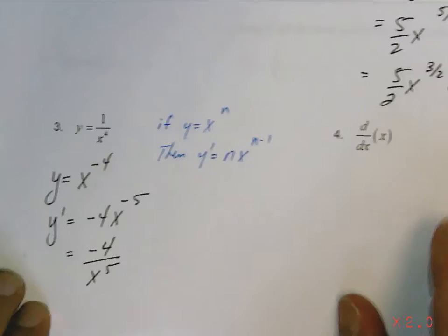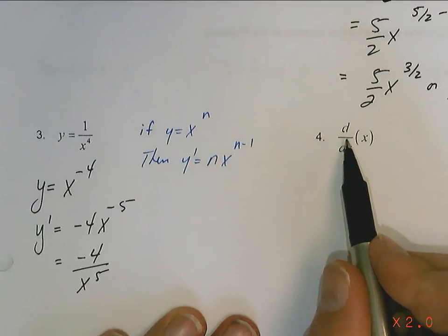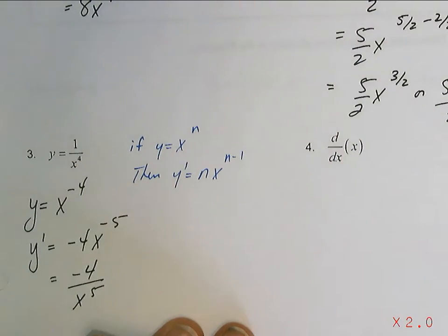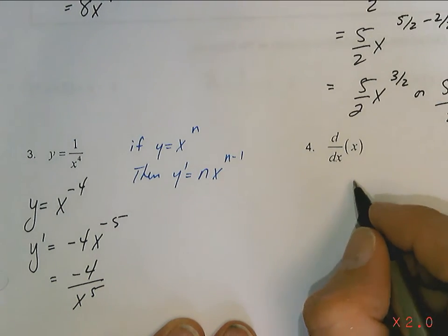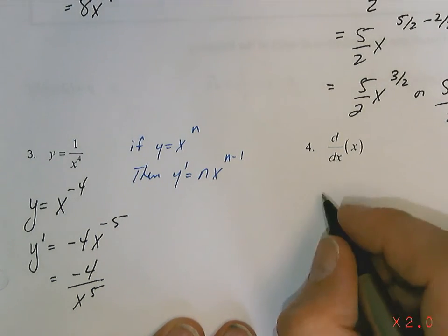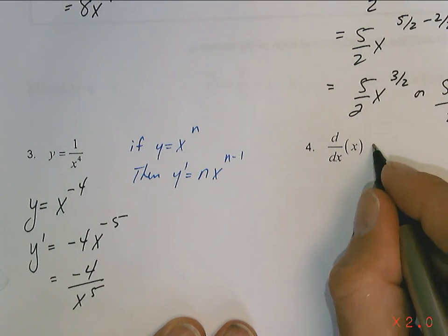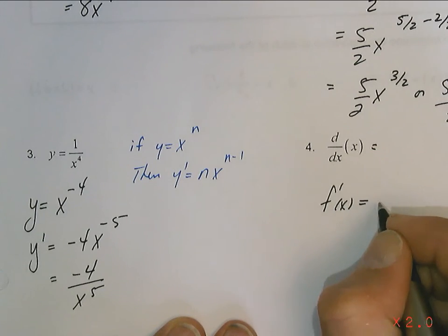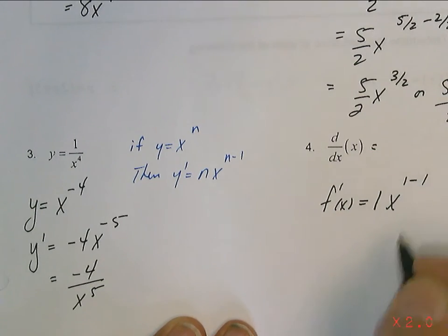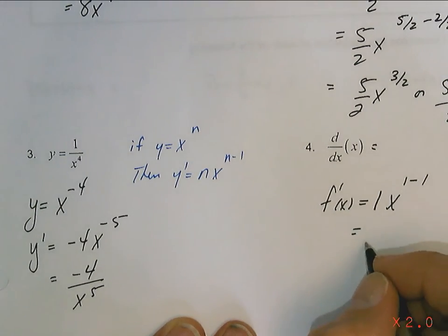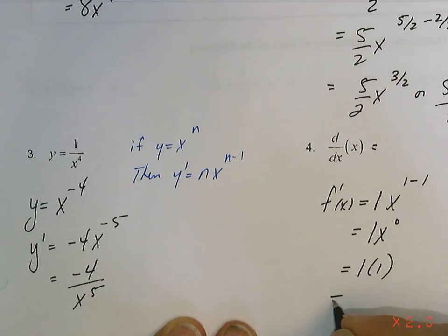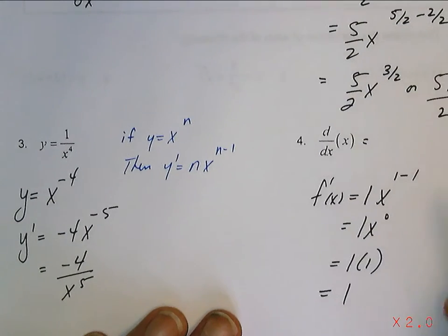Okie dokie. What is the derivative of the function x in terms of the variable x? Well, you do understand that this is x to the 1. So the answer would be bring the 1 down, and 1 minus 1 gives us x to the 0, and from now on, I will never write all those steps.